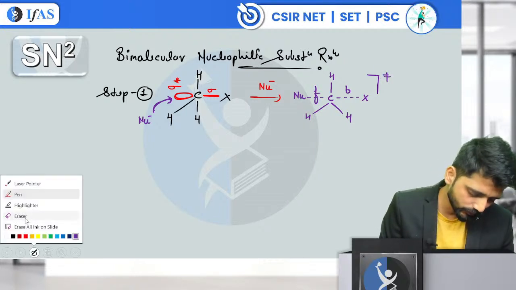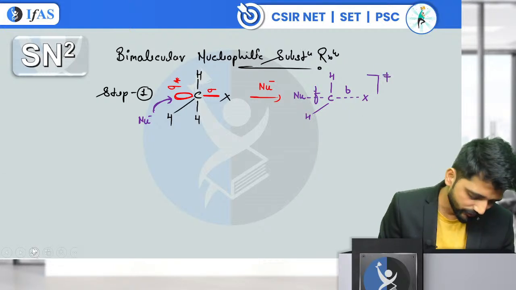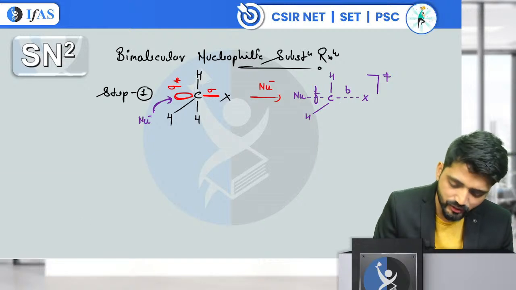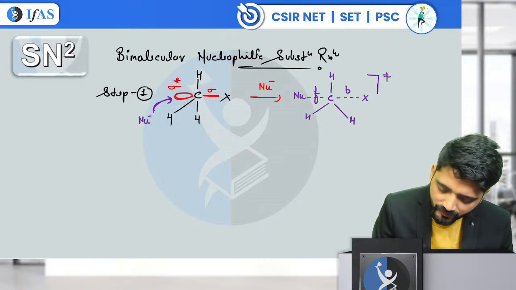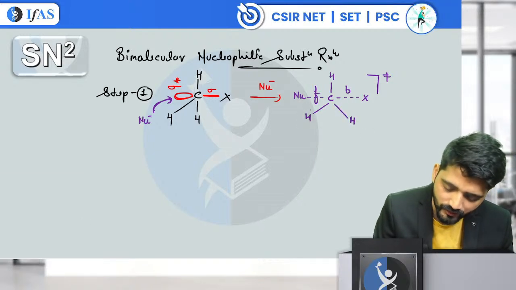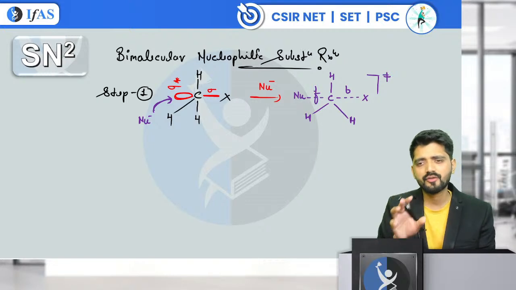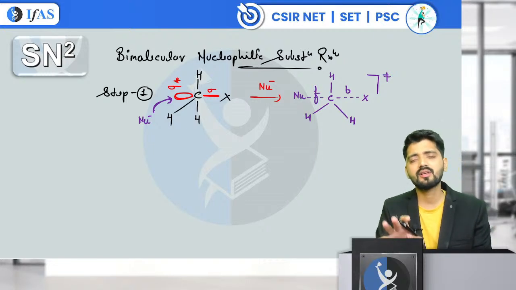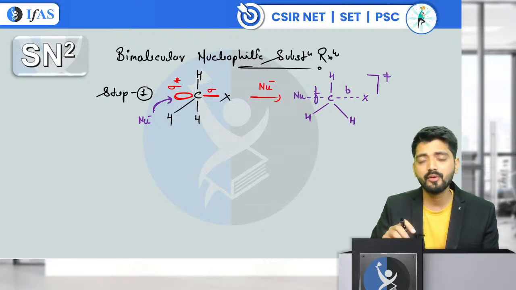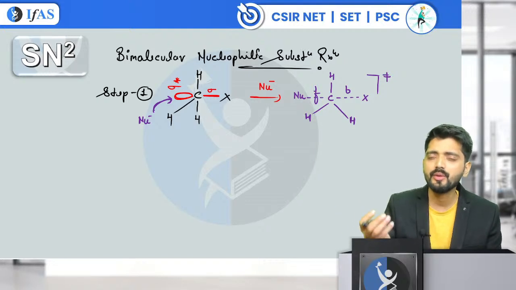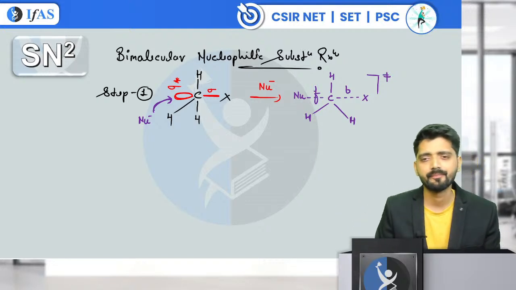Now, I want to ask you a simple question. Tell me, what would be the hybridization of the transition state? What steric number are you going to consider? Whether it is a case of steric number 3 or steric number 5, where you will go with TBP geometry or trigonal planar geometry. What do you think?